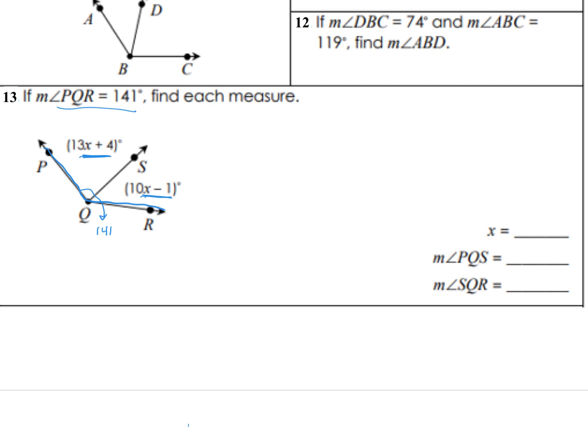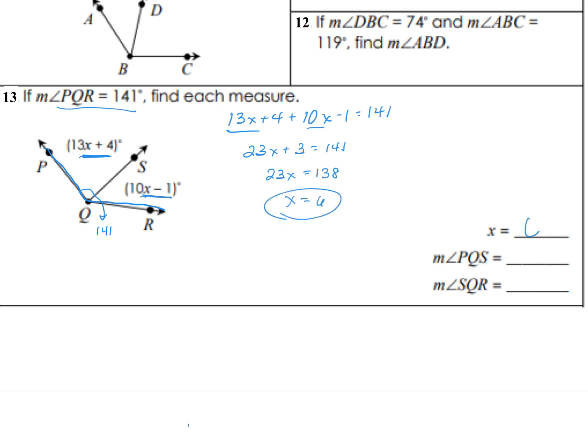So I'm going to write the equation literally 13x plus 4 plus the bottom piece 10x minus 1 has to equal 141. So from here we're just going to solve. So we're going to combine our like terms. So we have 23 x's. 4 minus 1 is 3 equals 141. When I subtract 3 from both sides, we get 23x equals 138, and then divide, we get x equals 6.